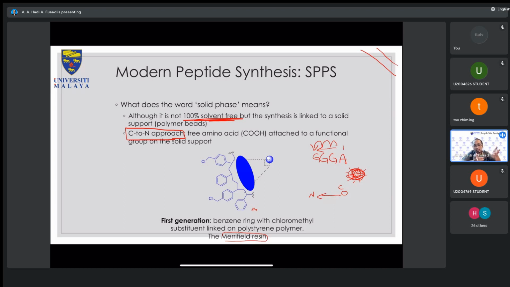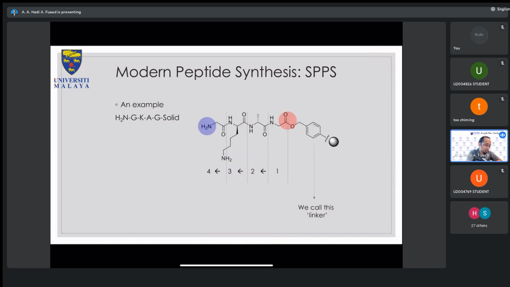Even though it says polystyrene, it is not the same as the polystyrene that you use for food. The building block is the same, but the shape and structure are totally different.